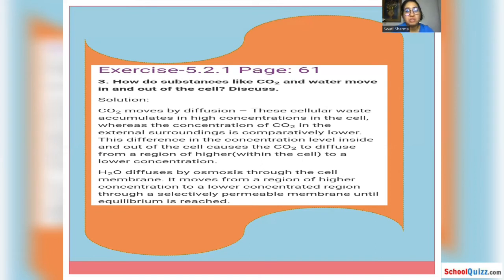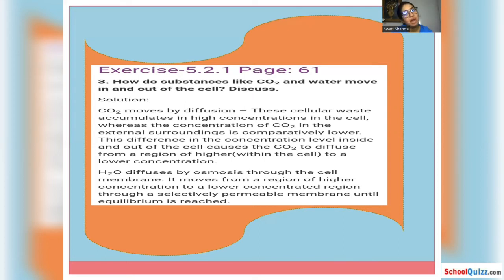Because if we have to take something from a lower level to a higher level, there needs to be some expenditure of energy or some external source required so that energy can be provided and that substance can move from its low concentration to higher concentration. And as we know, diffusion and osmosis are both passive processes in which there is no requirement for any external energy or ATP.